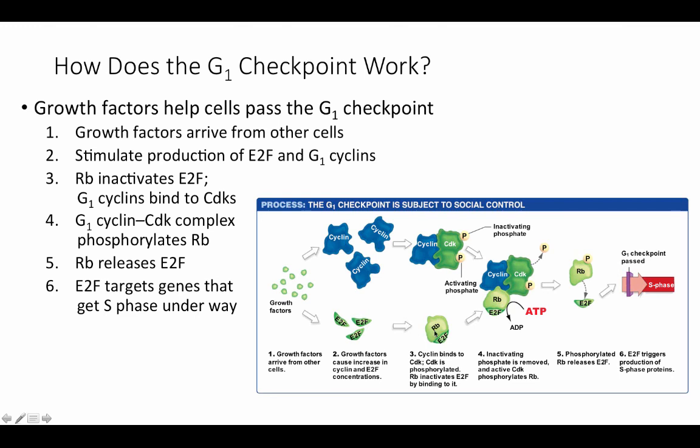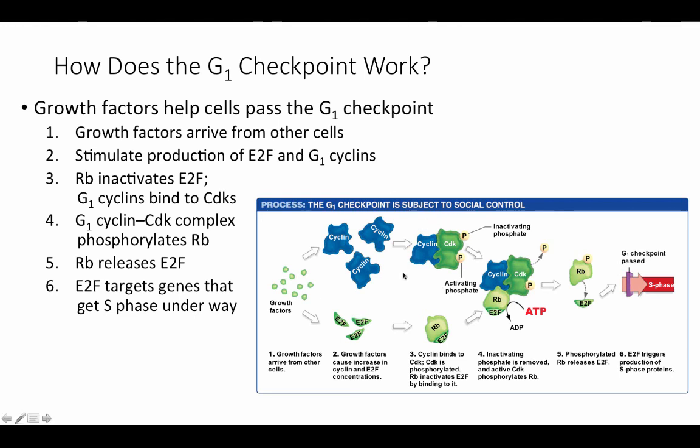So the RB protein is going to be just present in the nucleus, and it's going to bind to E2F, and it's going to inactivate E2F. Meanwhile, the cyclin is going to bind to CDK, the cyclin-dependent kinase, and it's going to be phosphorylated in both the activating site and the inactivating site. So this is going to be inactive at this point.